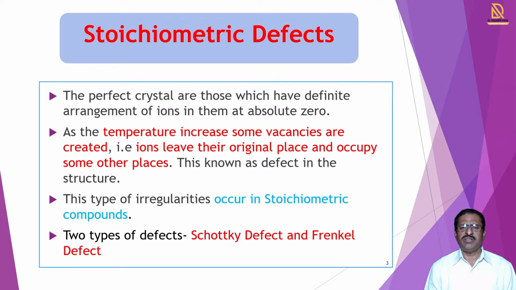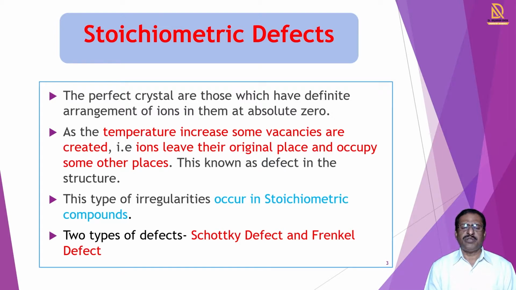There are no disturbances and no defects. But as the temperature increases, some vacancies are created in that crystal. Means in the crystal at higher temperature, some ions lose their original position and occupy some other places. This is known as defects in the structure.